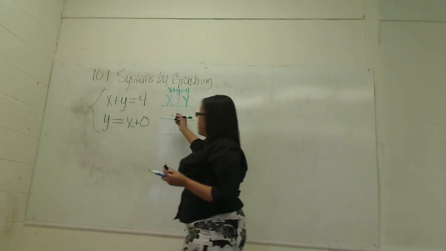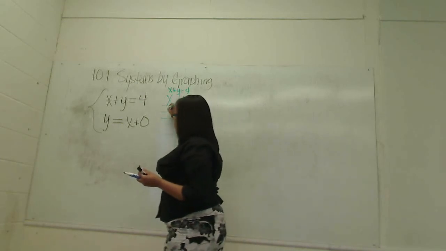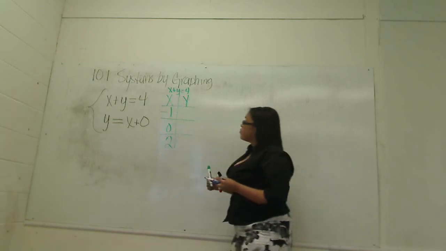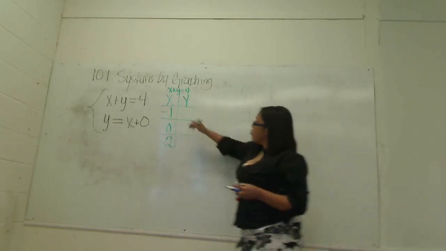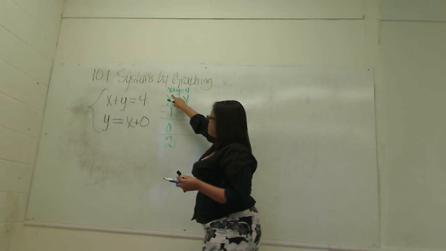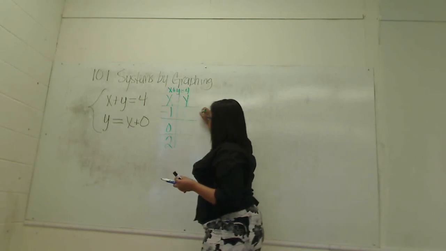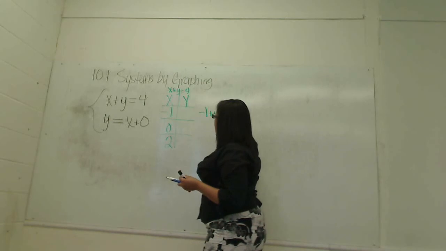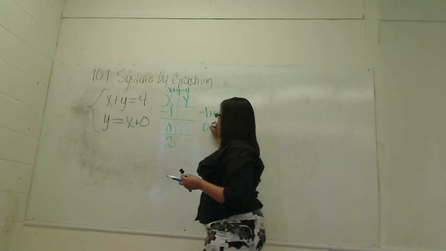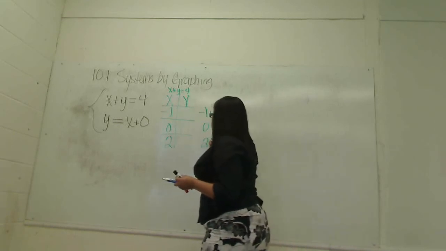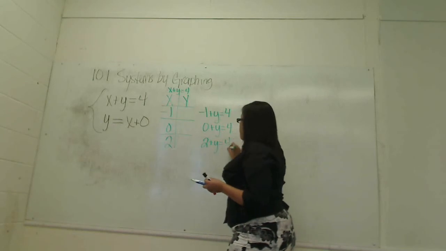I'm going to go with negative 1, 0, and 2. When x is negative 1, what is y to be 4? So you have the equation. Negative 1 plus y equals 4. Here I have 0 plus y equals 4. Here I have 2 plus y equals 4.